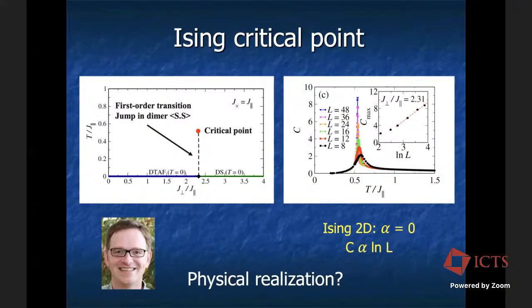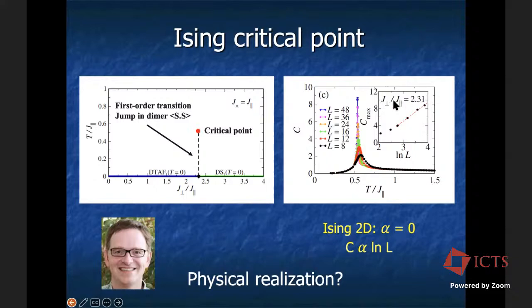For these fully frustrated systems, we've been able to map out the phase diagram at finite temperature and to identify a critical point. The line is not fully vertical, but on that scale, nearly vertical.